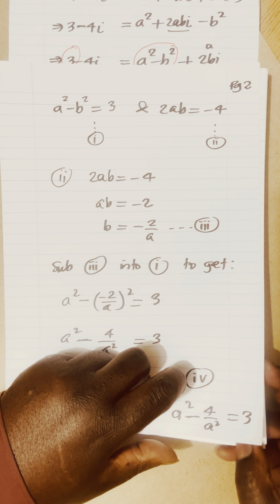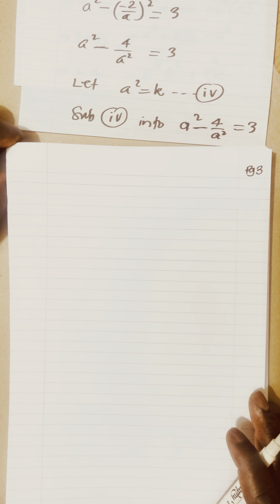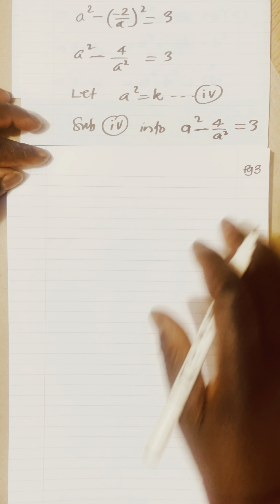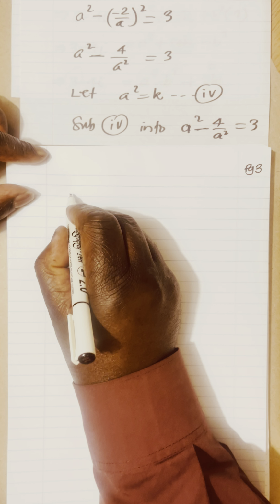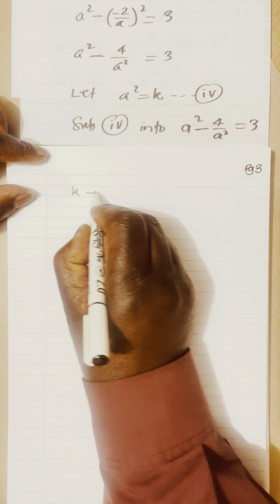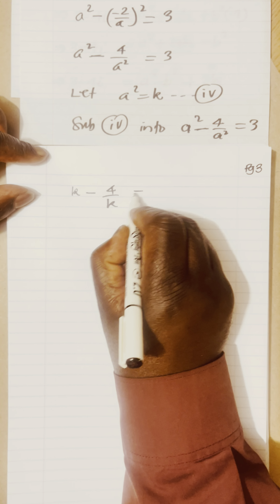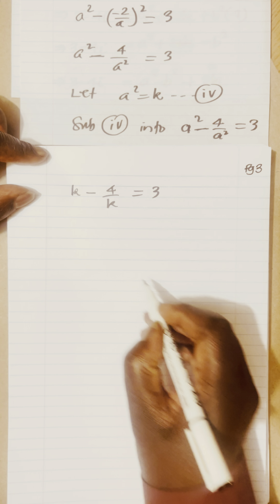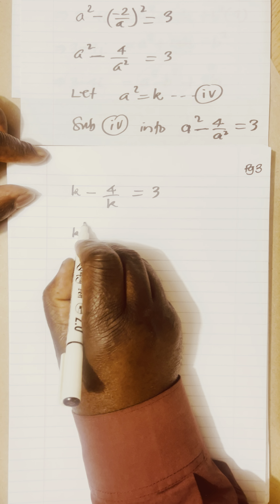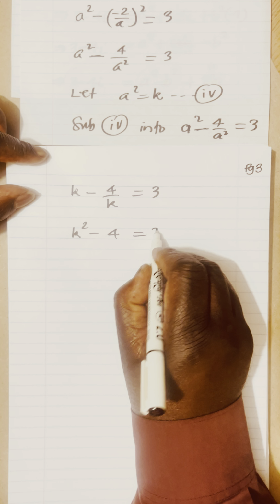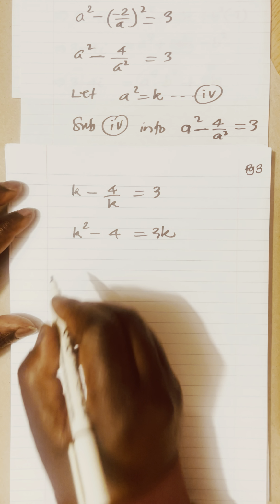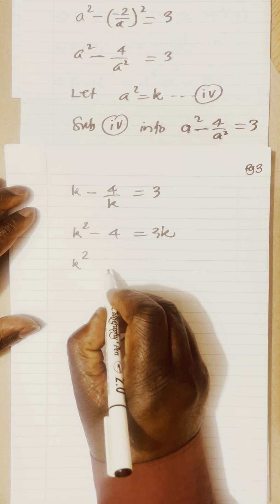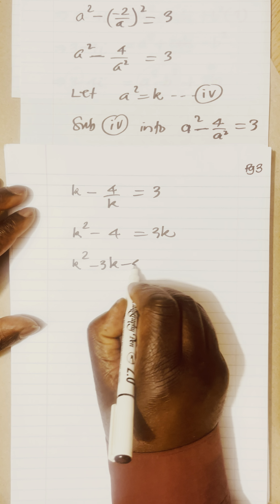So what we get is k minus 4 over k is equal to 3. Multiply by k throughout, it will be k squared minus 4 equals 3k. Writing this in standard form, being a quadratic equation, we have k squared minus 3k minus 4 is equal to 0.